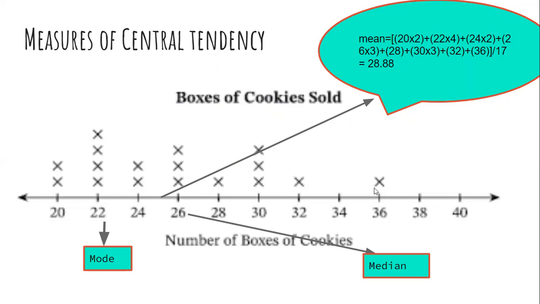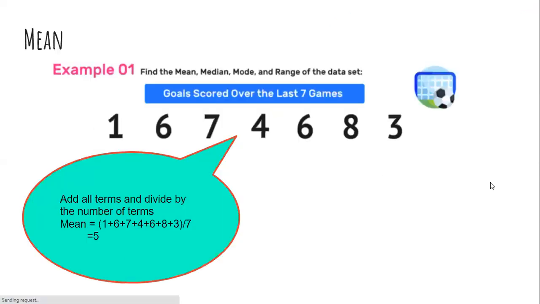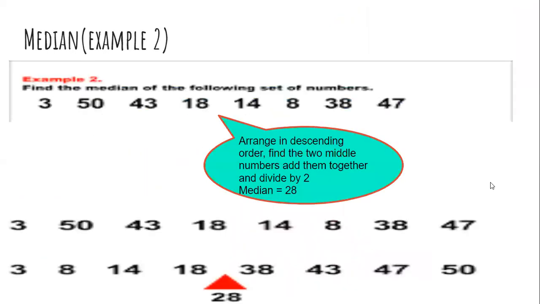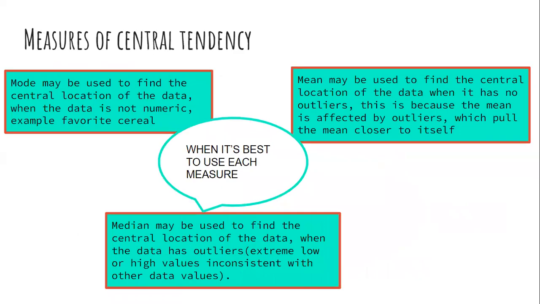This example would work best if we had another X here that was about 100, and that would work as an outlier. An outlier is an extremely low or extremely high value that is inconsistent with the pattern of the rest of the data. If you have that kind of data, it's not advised to use the mean, because it will tamper with the mean.